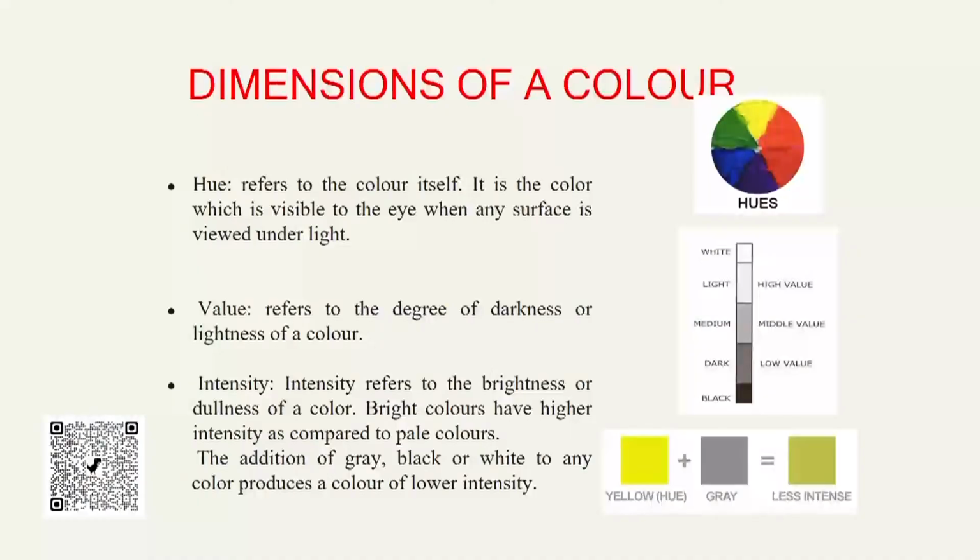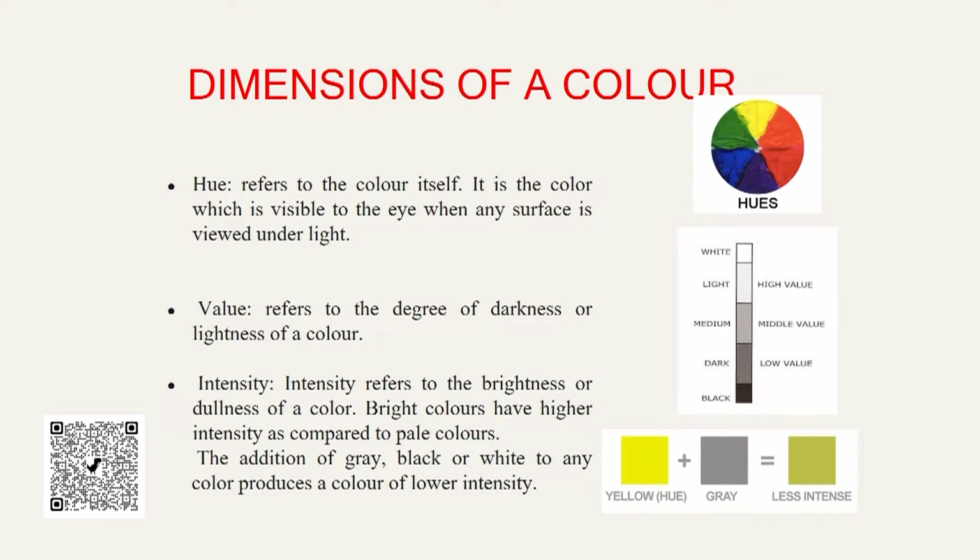And the third aspect is intensity. Let's understand what is the meaning behind these different dimensions of color. So the first one is the hue. Hue basically refers to the color itself. It is the color which is visible to the eye when the surface is viewed under the light.